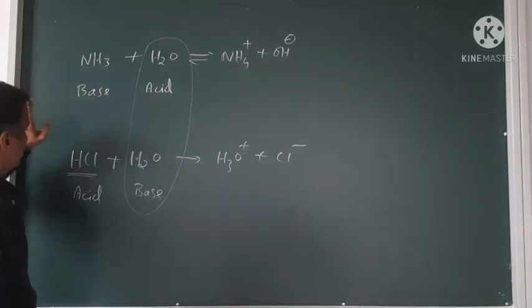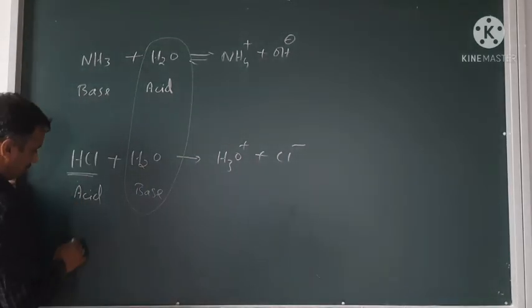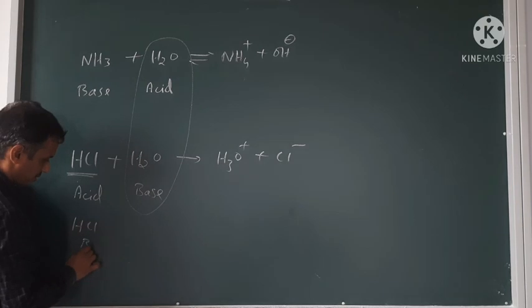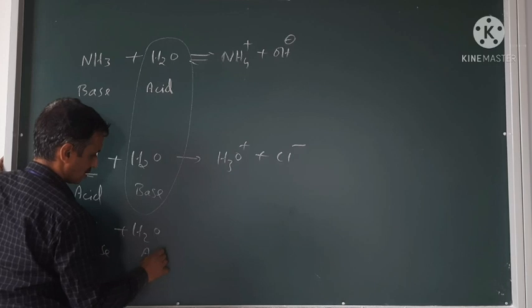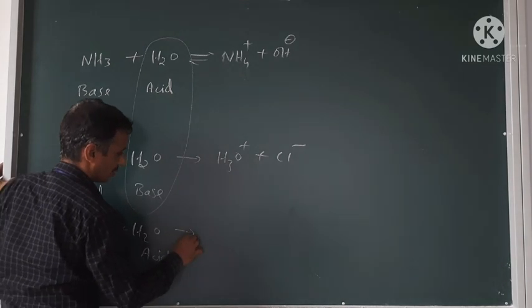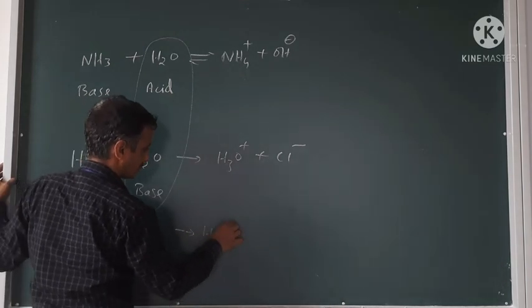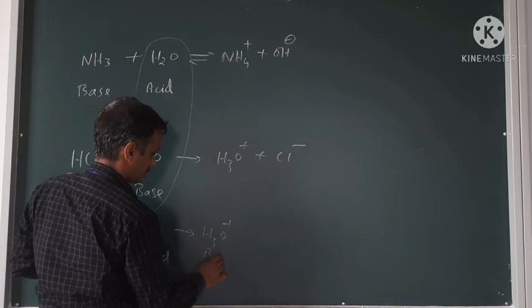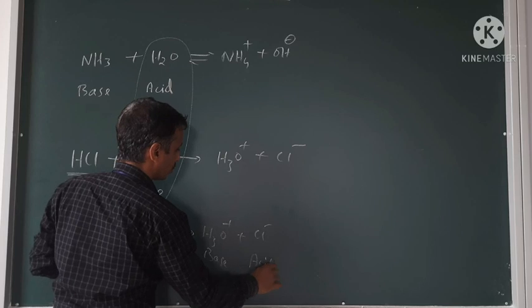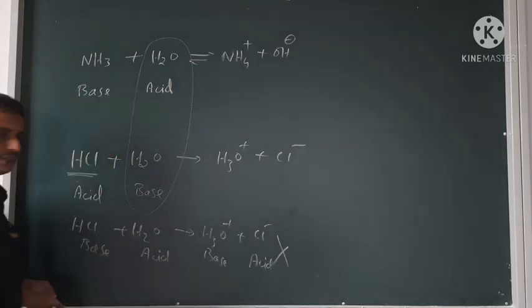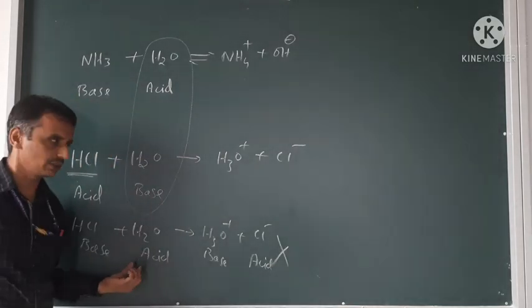Say, just writing HCl plus water, then HCl base, water acid, giving H3O plus base, Cl minus acid, etc. This will not hold good. Just writing is not important.